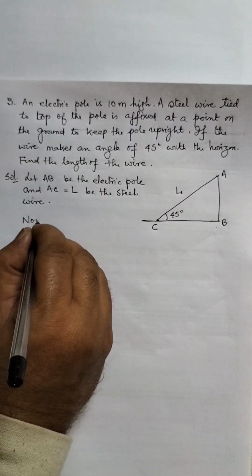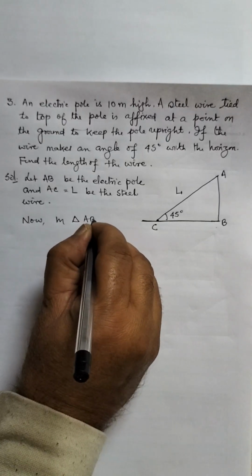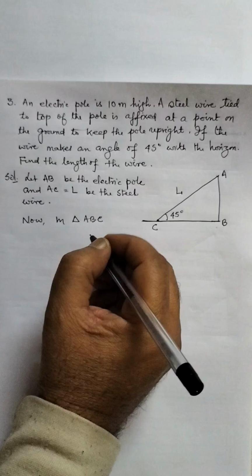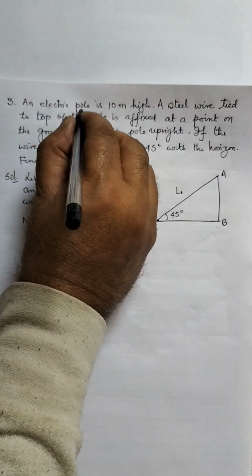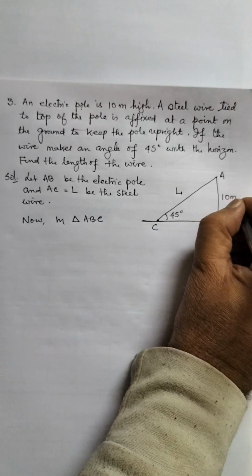Now in triangle ABC, the height of the electric pole is given 10 meter.